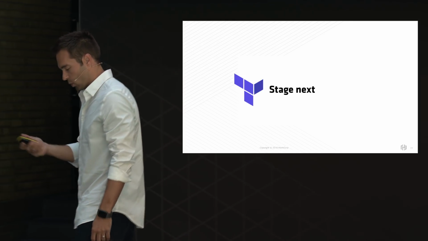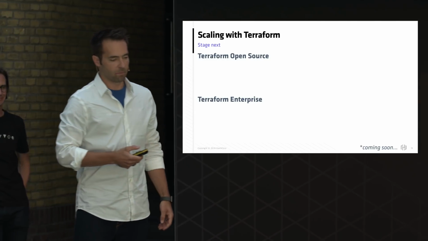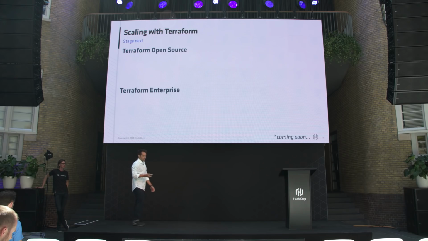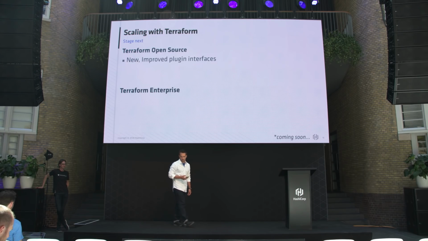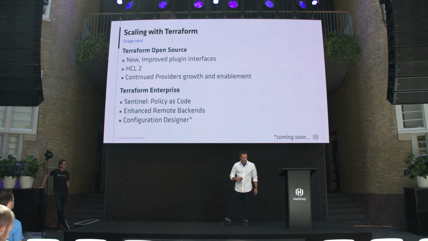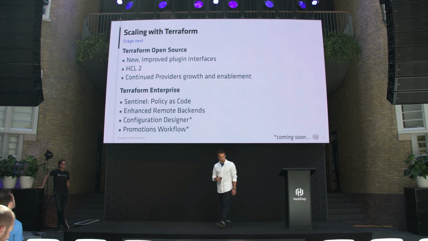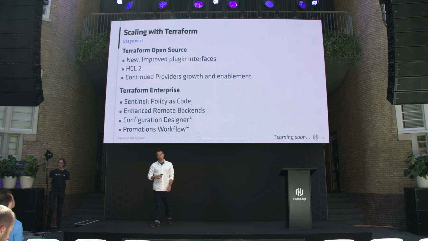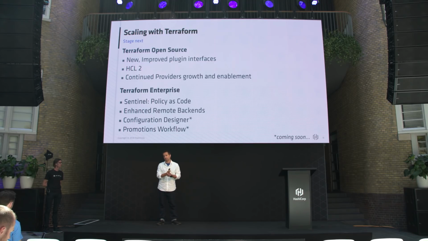What happens there? Like, where do we go from here? Well, open source and Terraform Enterprise have some exciting things coming up. These are not supposed to be incremental, so I'm just going to fast forward. For Terraform open source, in the near future, we're getting an updated plugin interface. Right now, we use a plugin architecture that we're upgrading to have better type safety and enable better features, such as HCL2, the next version of our configuration language.